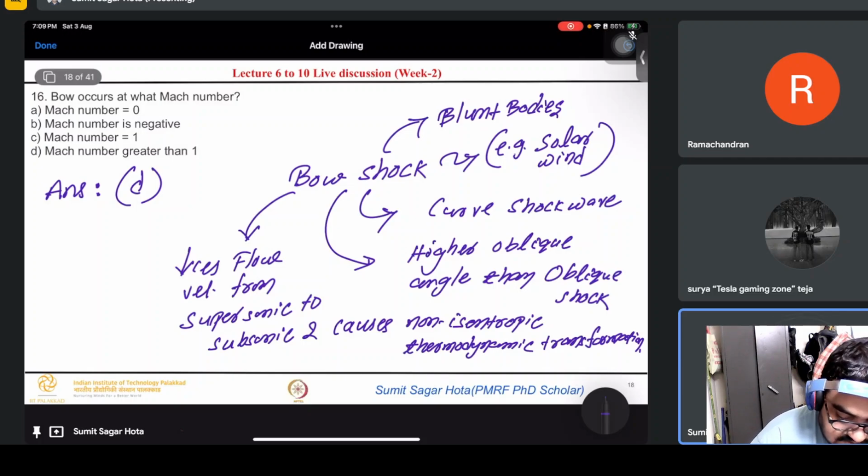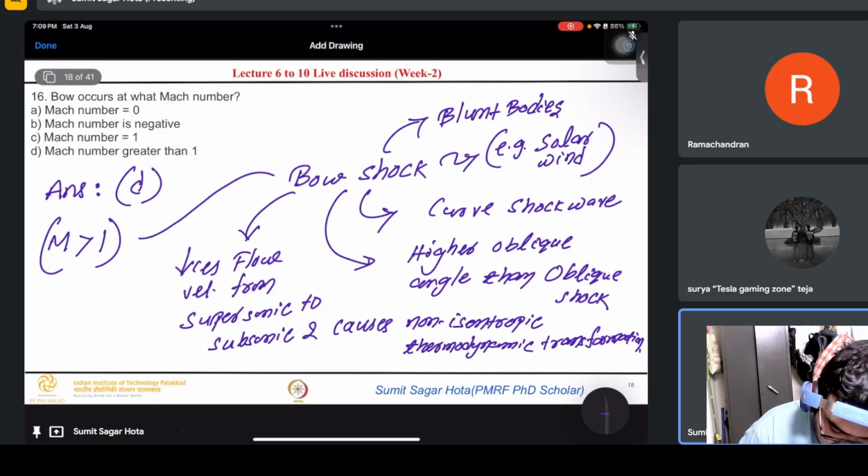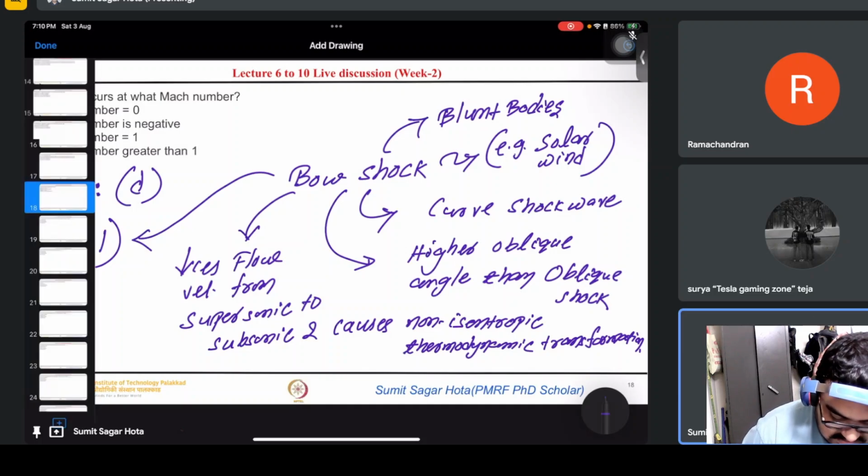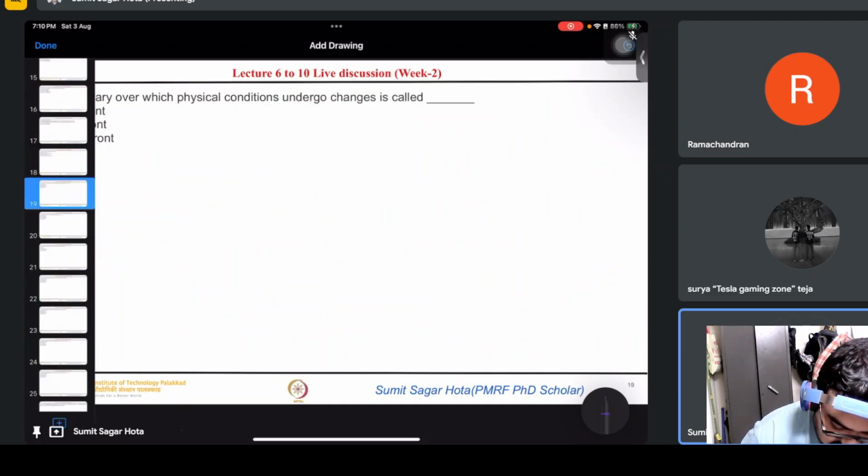It is a detached shock, and the shock wave can be seen somewhat away from the body. It is a supersonic flow, so Mach number greater than 1, very much greater than 1. So let's go to our next one.